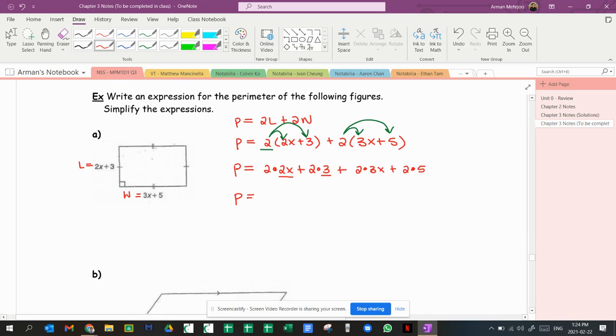In my next step, I can take care of all of that multiplication. So 2 times 2x is 4x. 2 times 3 is 6. 2 times 3x is 6x. And 2 times 5 is 10. Now I can identify my like terms, and I can group up my like terms.